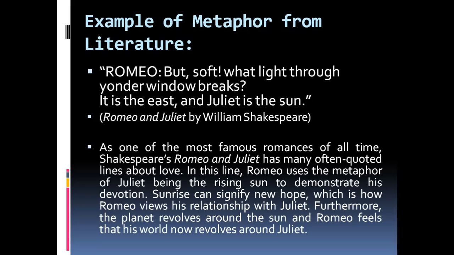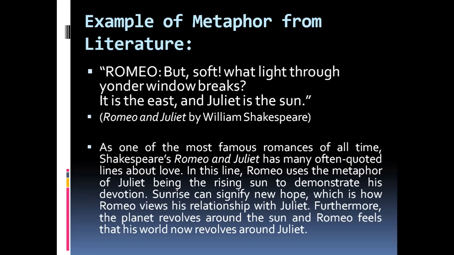These lines are from Romeo and Juliet, the words spoken by Romeo. As one of the most famous romances of all time, Shakespeare's Romeo and Juliet has many often quoted lines about love. And in this line, Romeo uses the metaphor of Juliet being the rising sun to demonstrate his devotion.